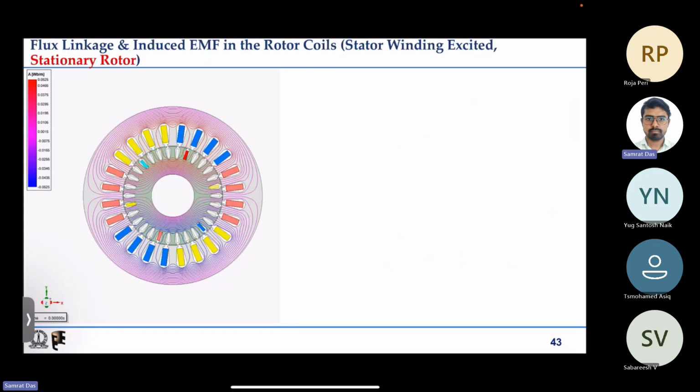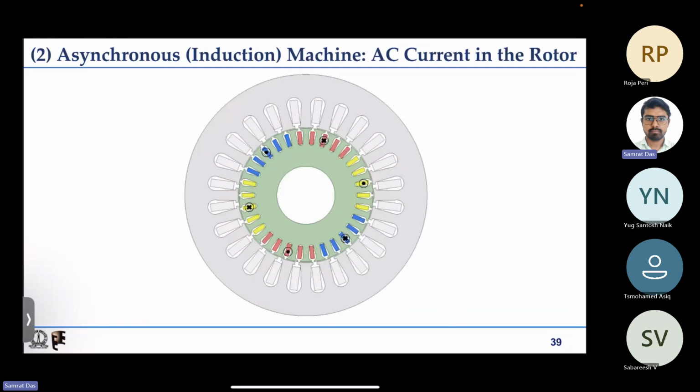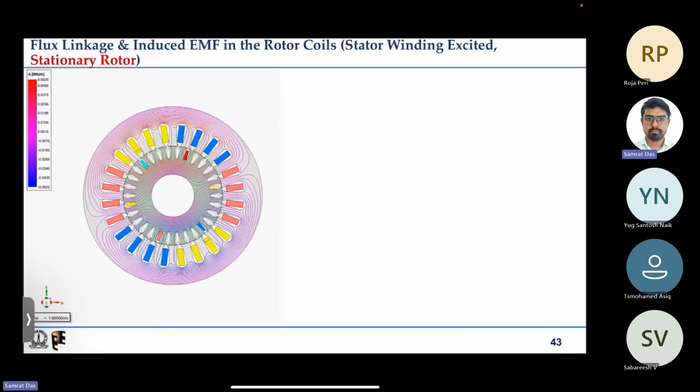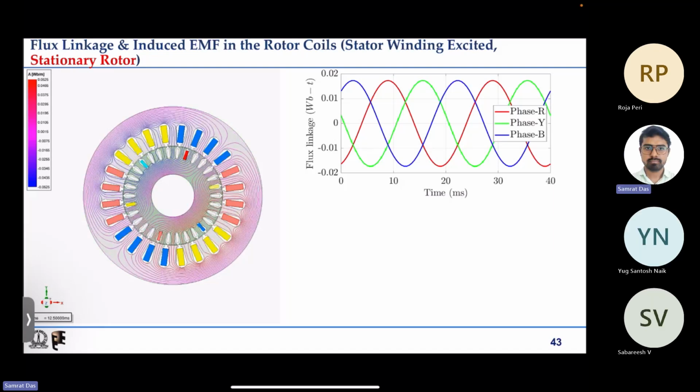Initially, we kept the rotor stationary and looked at the flux linkage of the rotor bars or conductors, and we saw that if the rotor is stationary, there will be 50 hertz, the same frequency as the stator, flux linkage.